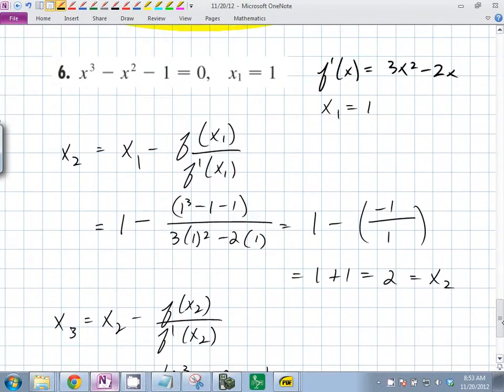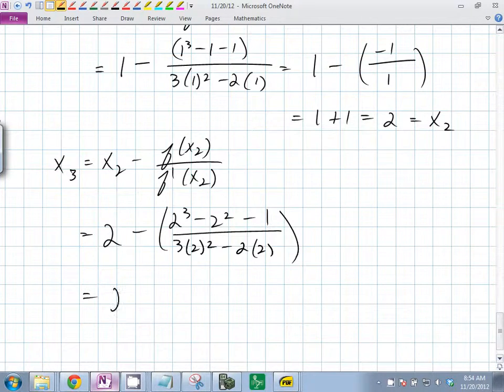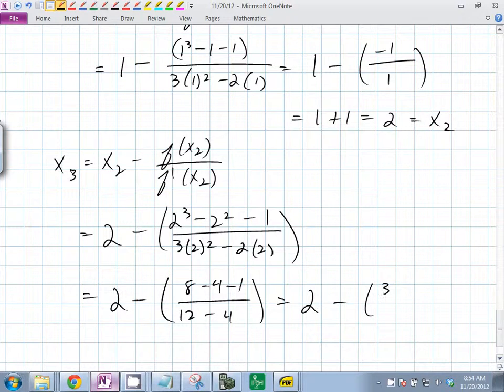So 3 times 2 squared minus 2 times 2. And what do you end up with? 2 minus 8 minus 4 minus 1 over 12 minus 4. So that's 2 minus 3 over 8, which is equal to 13 over 8.